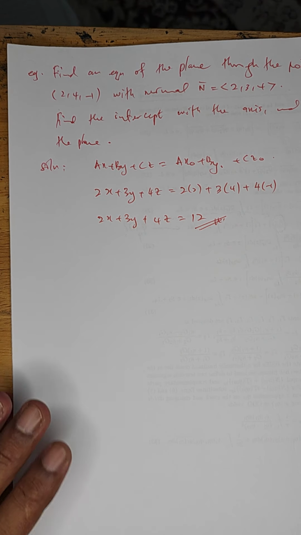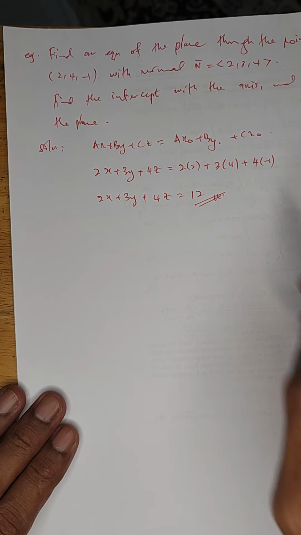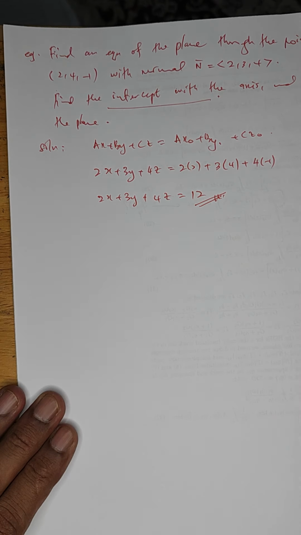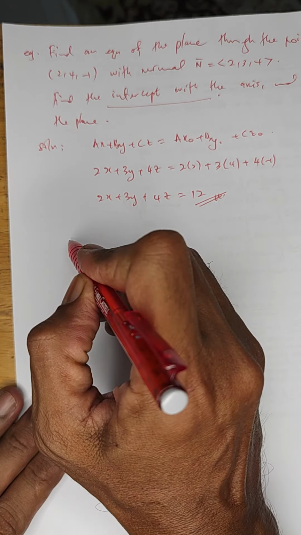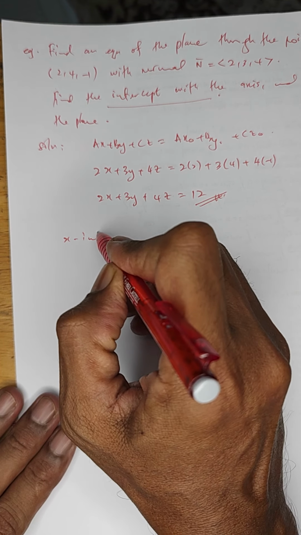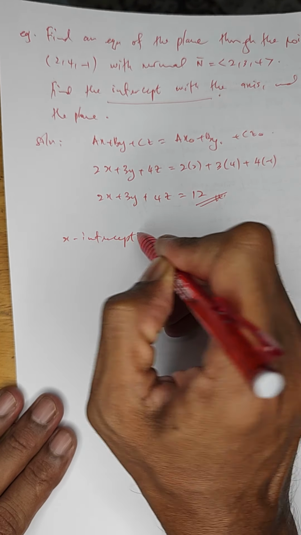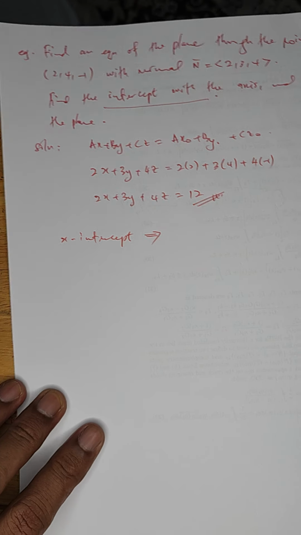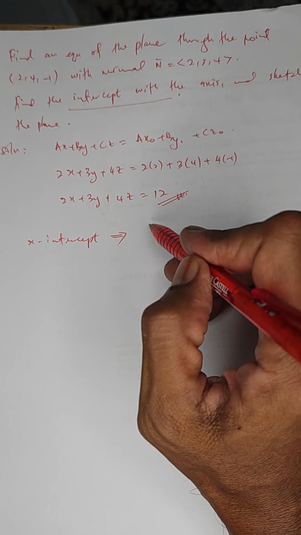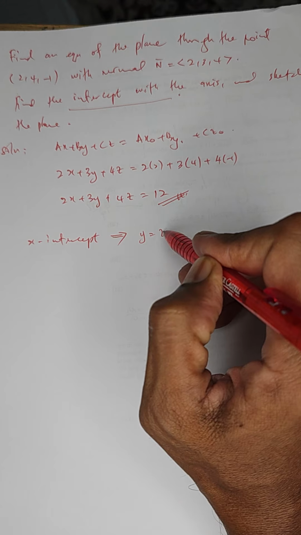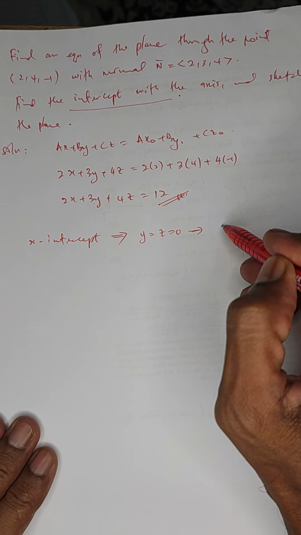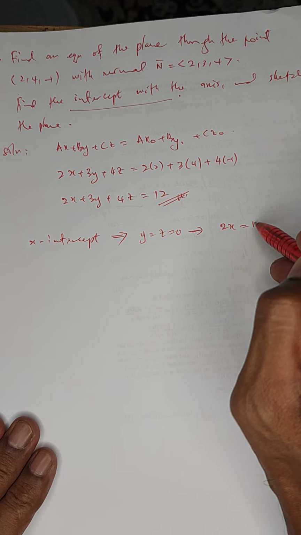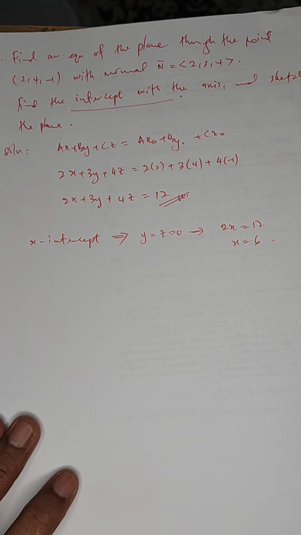To find the intercept with the x-axis, for the x-intercept, y and z are 0. Therefore 2x equals 12, so x equals 6.